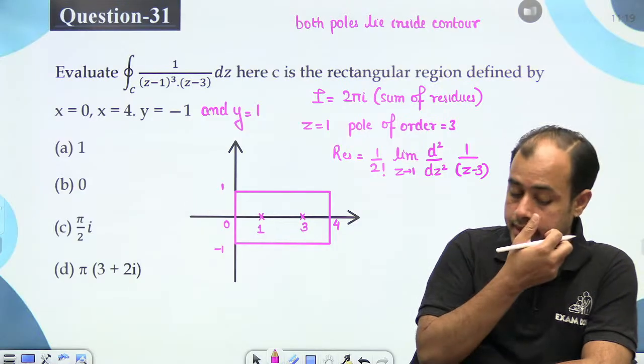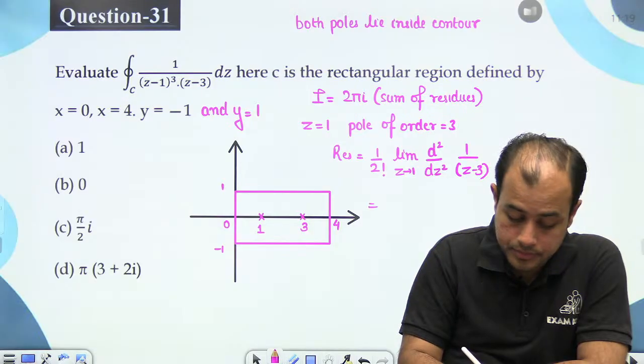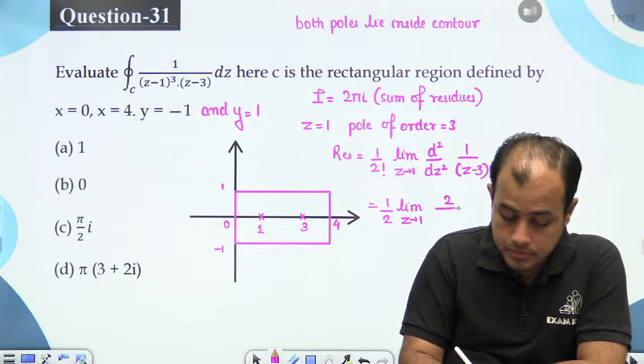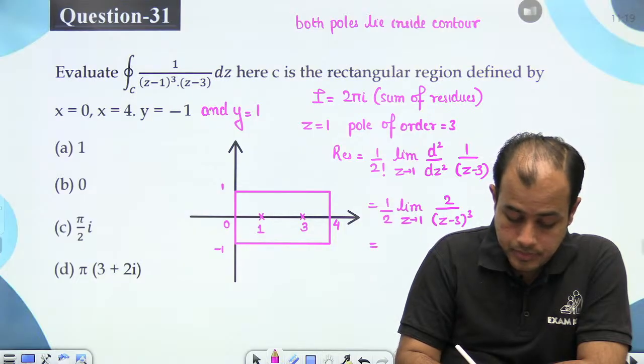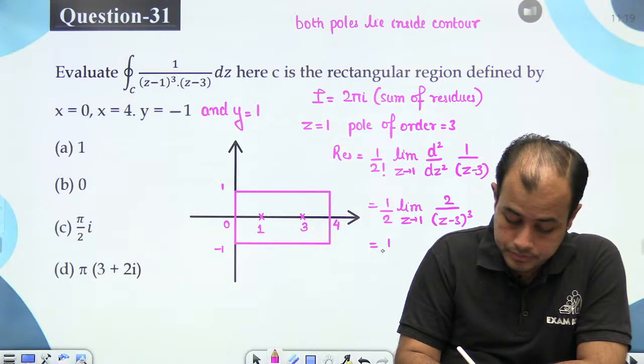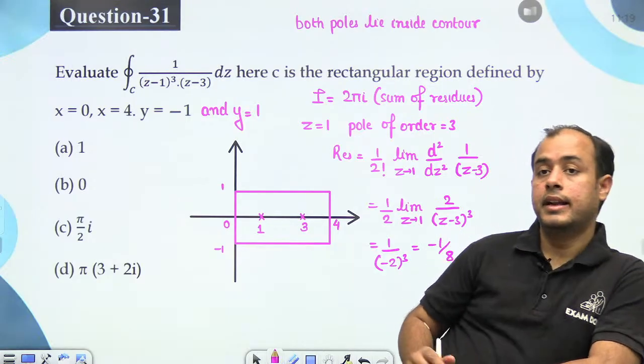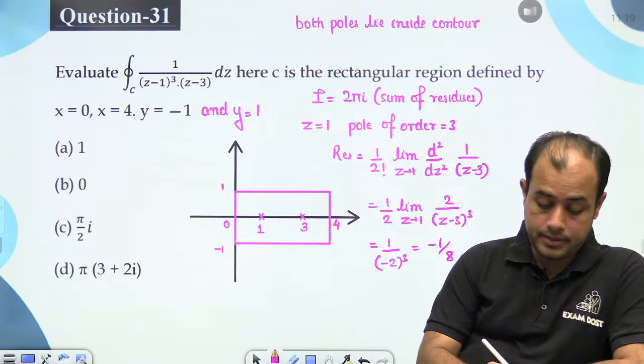So minus 1 by z minus 3 square. So minus 1 by 8. It is minus 1 by 8.